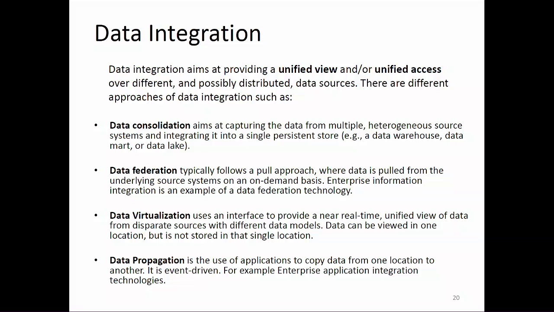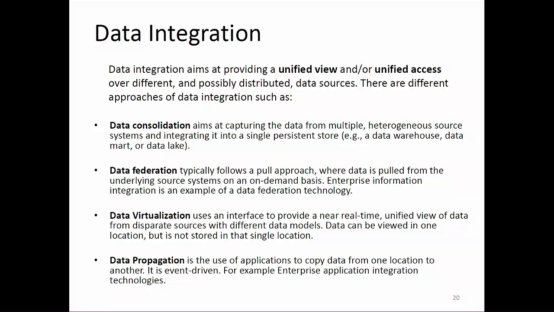Data federation, on the other hand, is more on demand. All the data is not physically brought in at one time, but when needed, you bring in that data, show some result, do the analysis, and that's about it. It's not physically residing in one place, the data is at different places, but those sources have agreed to share their data.